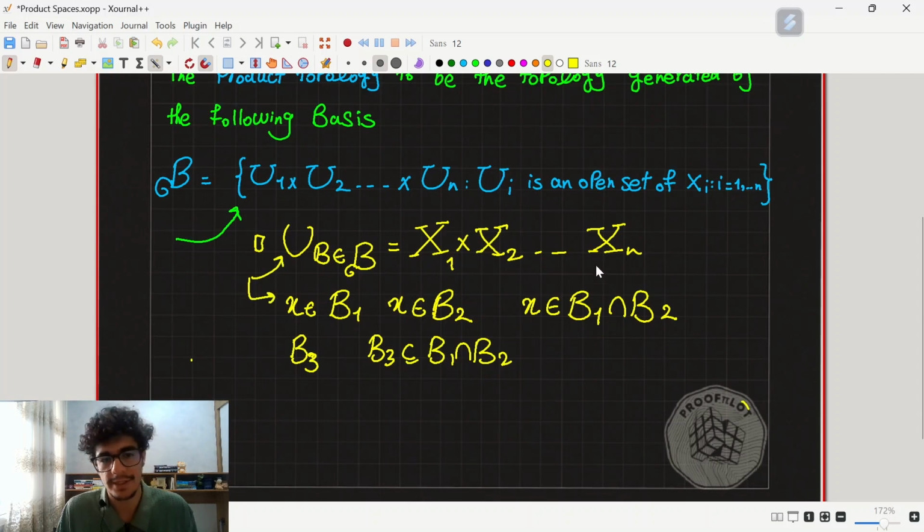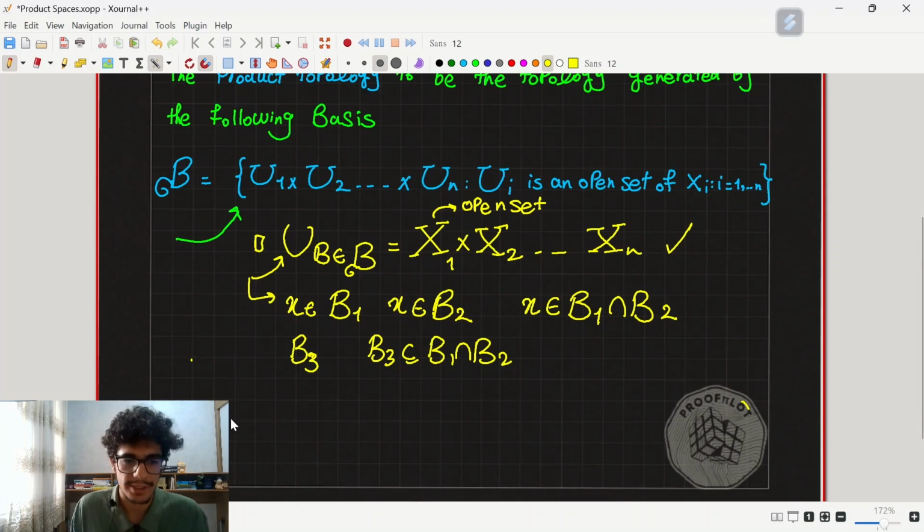For the first one, it's really easy. These things themselves are open sets, so the first one is already satisfied. Now for the second one, we just need to write the definition of an open set in the product topology.